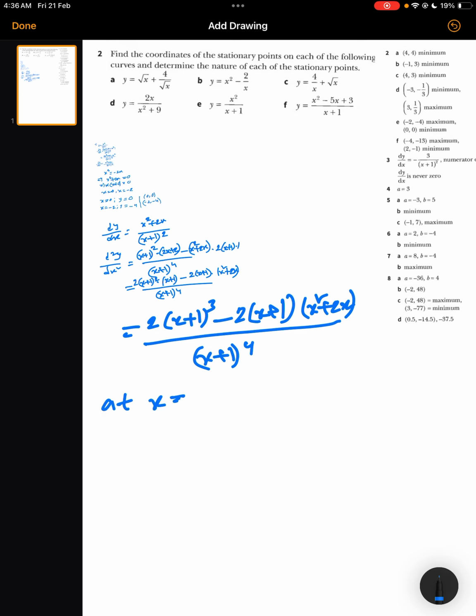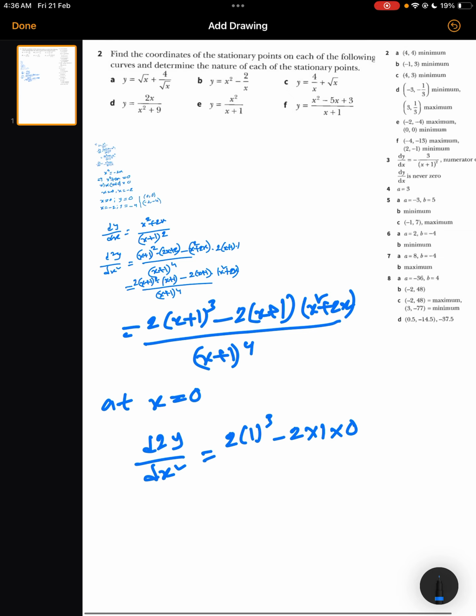At x equal to 0: 2 times 1 cubed, minus 2 times 1 times 0, over 1 to the power 4.